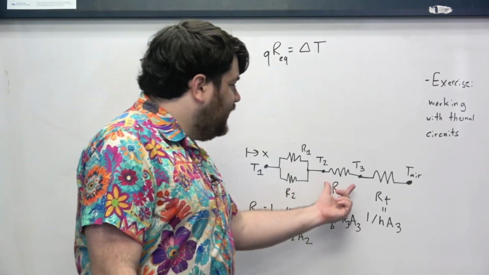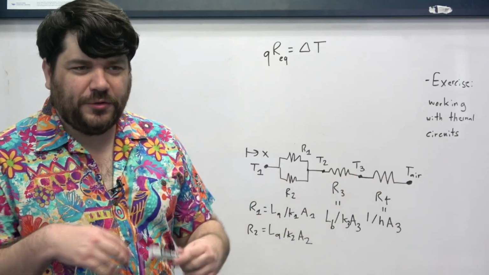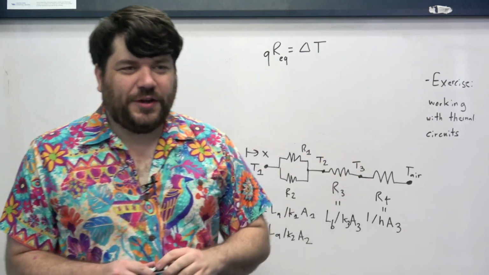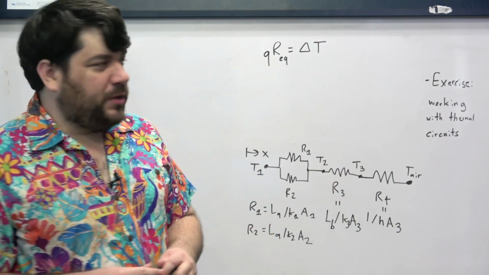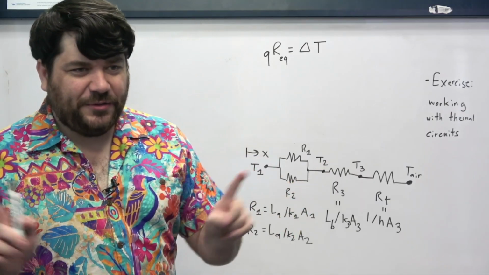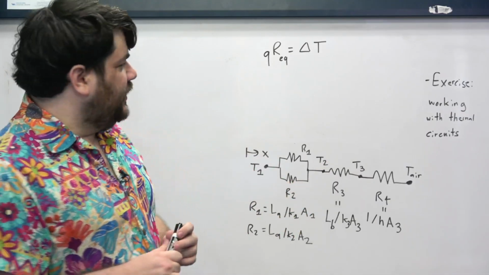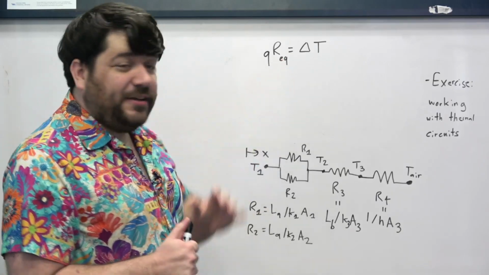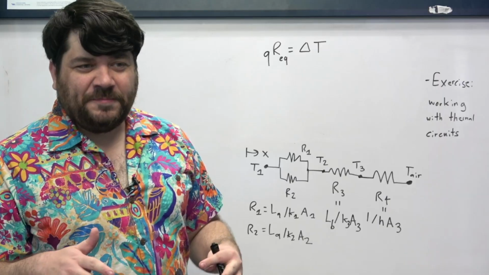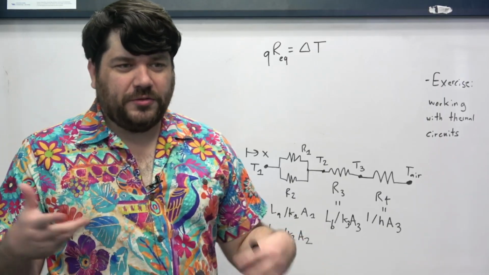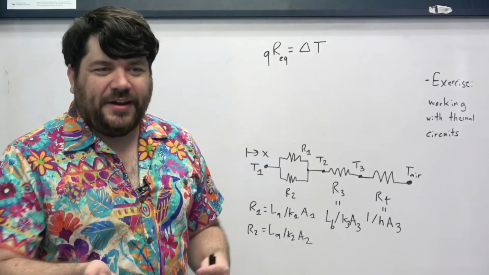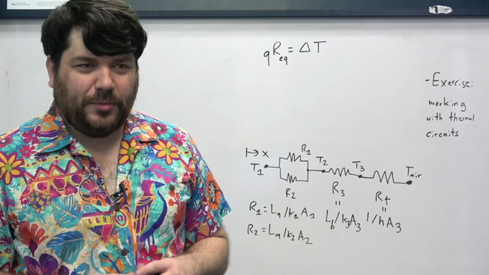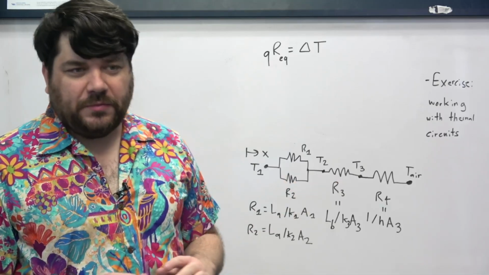So if I take any piece of this thermal circuit and I want to analyze what the heat transfer rate through that chunk of the thermal circuit is and relate it to the temperature difference between either end of that chunk of circuit, it's going to be linearly related via some equivalent thermal resistance that we would have to calculate based on the rules of how do we add up series thermal resistances? How do we add up or convert parallel thermal resistances?